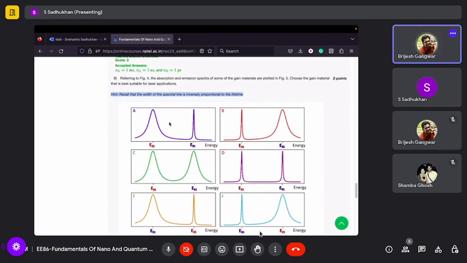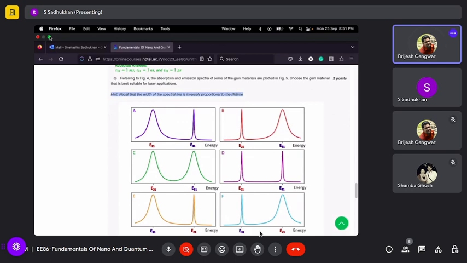But E21 is at a higher energy than E31, right? So that's why this is wrong according to the above spectrum.